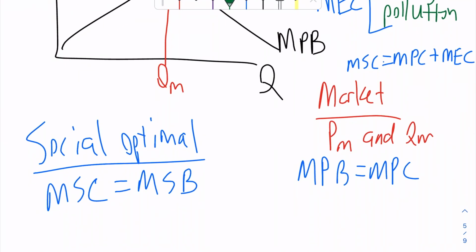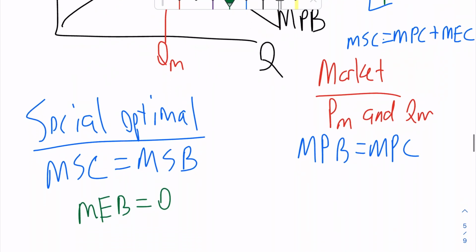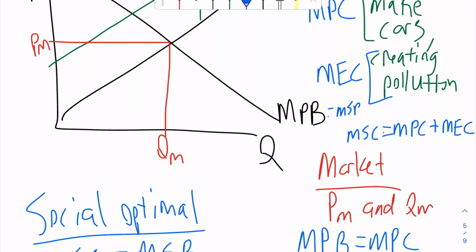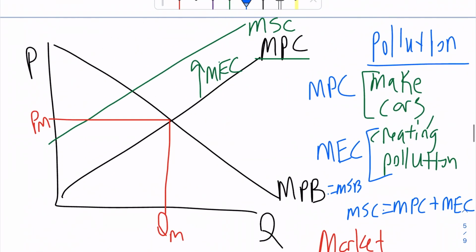So your marginal external benefit here is zero, so there's no extra benefit for the cars. Therefore, your MPB, your marginal private benefit, plus zero, because your external benefit is zero, is equal to your marginal social benefit. So we're going to do marginal social cost equals marginal social benefit. Your social optimal happens right here. So this is your social price, and this is your social quantity.